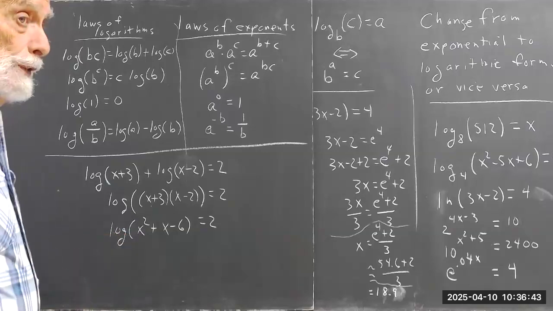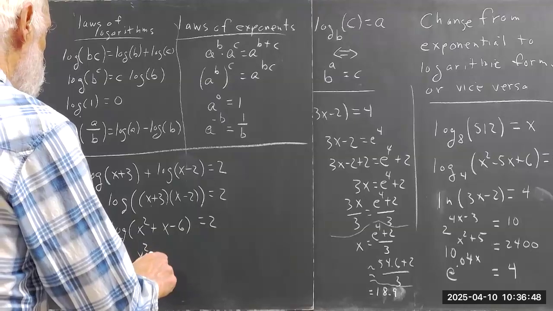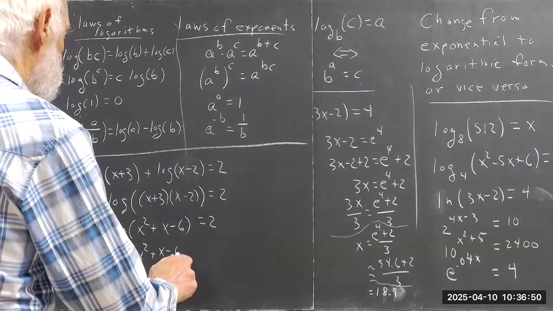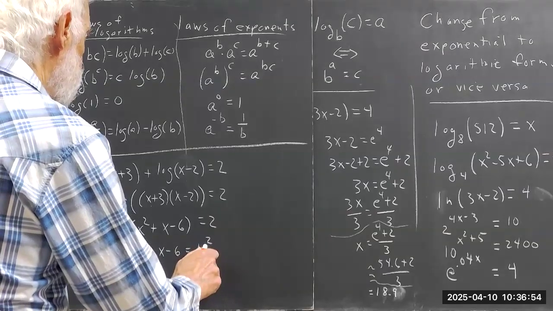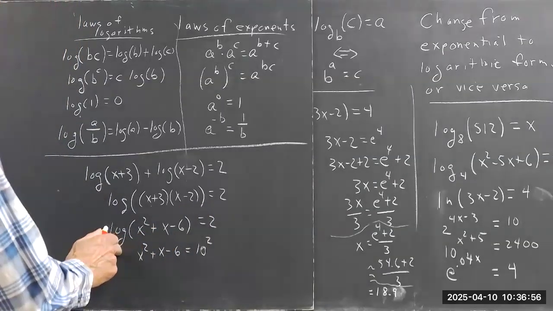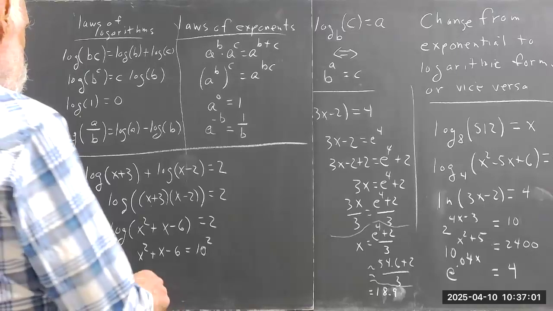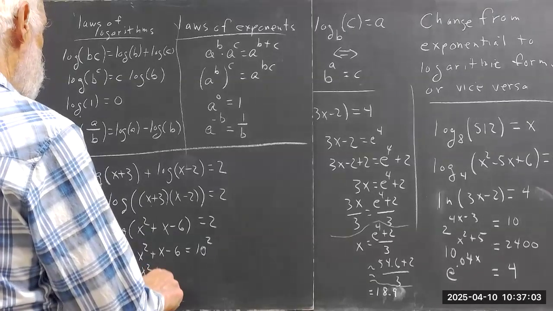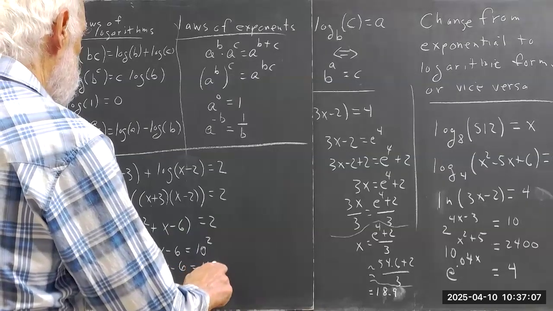Log means base 10 log. So you're going to have x squared plus x minus 6 equals 10, the base of this log, to the second power. So you have x squared plus x minus 6 equals 100.